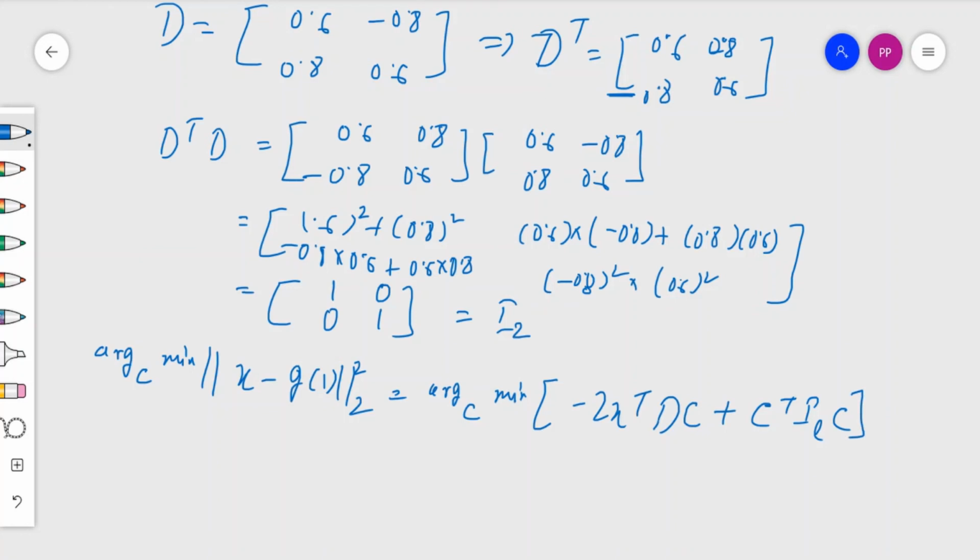So you have to pause the video and try it yourself to see how correct it is from your side.